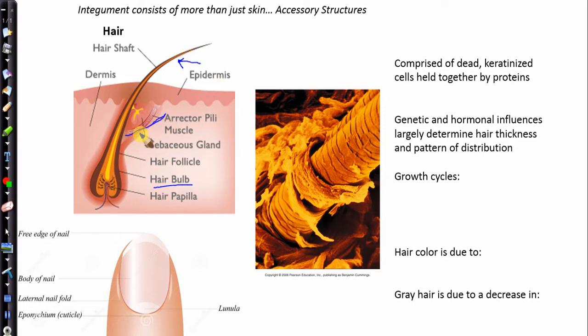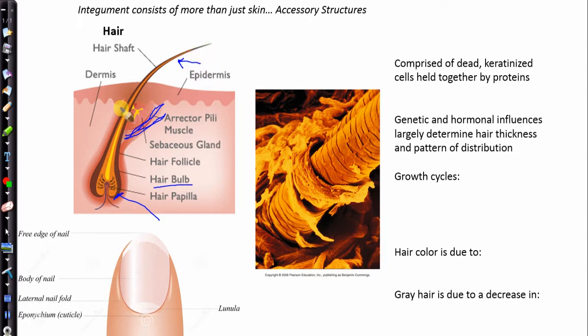Also recognize you have the erector pili muscle, which allows us to stand our hair on end. And there's going to be a nerve associated with each hair, so if your hair gets moved, you can detect that, which gives us some extra sensory perception. Some people will wrongly believe that you can get DNA from a hair.